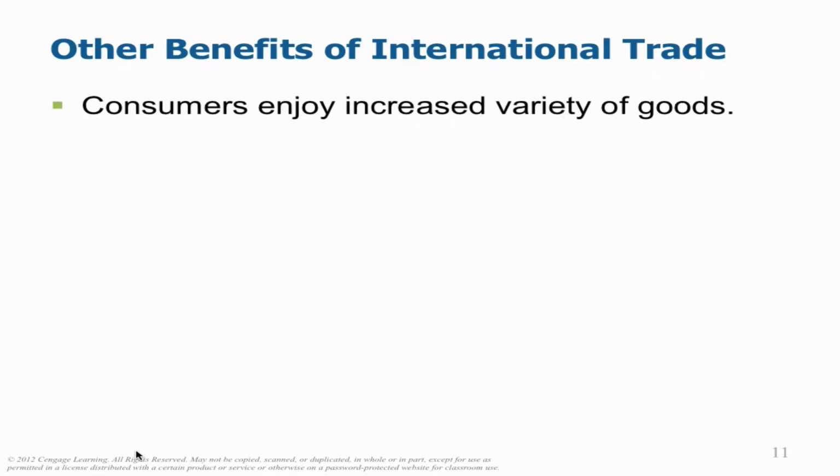An increased variety of goods. Here in Nebraska, you would not know grapefruit and oranges and lemons and limes. There would be many, many months of the year when you would not have fresh vegetables and fresh fruits.